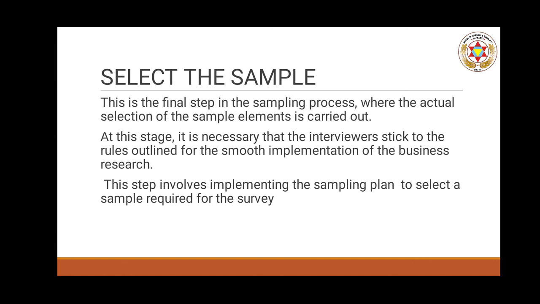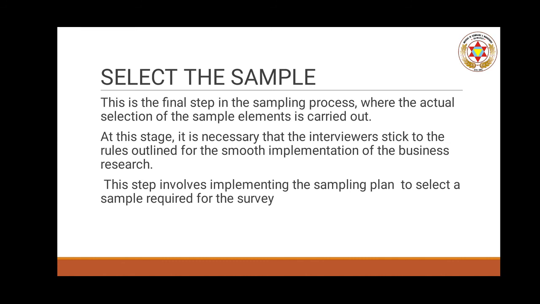And after specifying the sampling plan, the final step is to select the sample. It is the final step in the sampling process, where the actual selection of the sample elements is carried out.